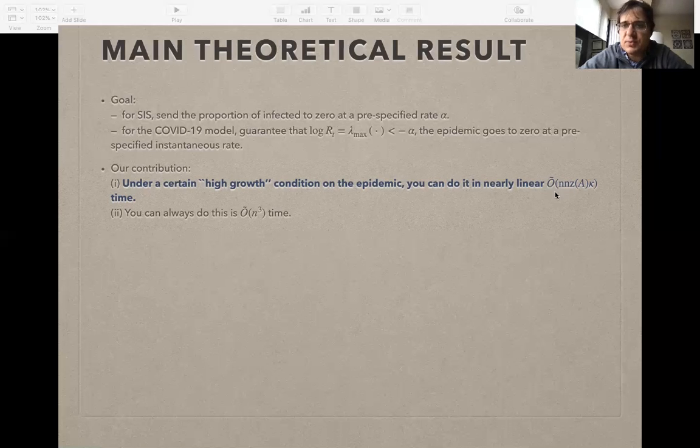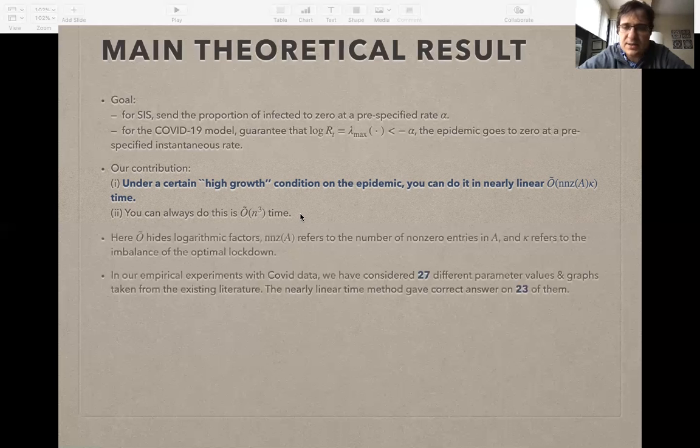And the time it takes to compute the optimal solution under this high growth condition, which is satisfied for the models that we estimate of COVID, is proportional to the number of non-zero entries in A times this parameter kappa, which is the imbalance of the optimal shutdown. The imbalance of a shutdown is the ratio of the largest and smallest z_i's. That's the definition of kappa. So this is the complexity of computing the optimal shutdown to achieve this rate alpha. And we also show you can always do it in O(n cubed) time.